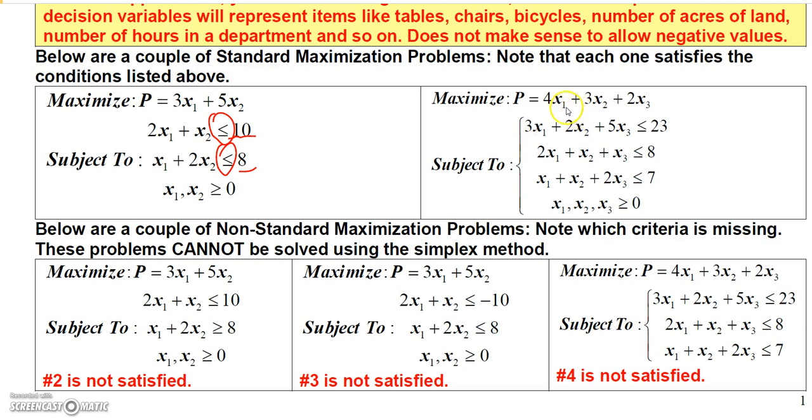Then here's another one. Notice here you're maximizing, and less than or equal to 23, less than or equal to 8, and less than or equal to 7 are all less than or equal to a non-negative number. So all three constraints satisfy the conditions, and we have our non-negative constraints. On these two problems, we actually could use the simplex method to solve them.